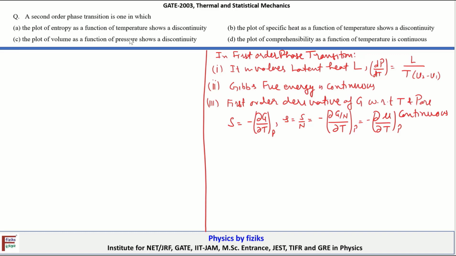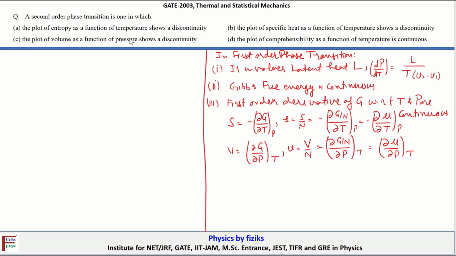Now what does the other first order derivative of G, with respect to P, represent? It's the volume. So volume V is equal to dG/dP at constant temperature. This is also continuous. And as we defined the entropy per particle, we can define the volume per particle, that is d(G/N)/dP at constant temperature, which is nothing but dmu/dP at constant temperature.